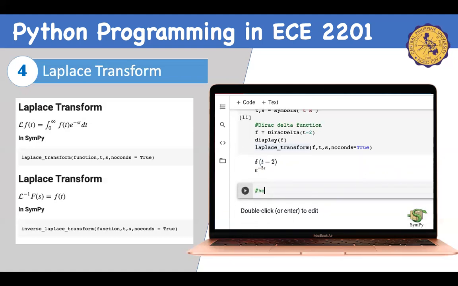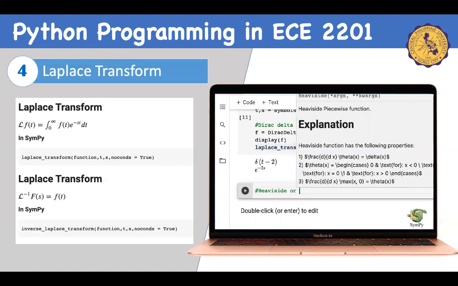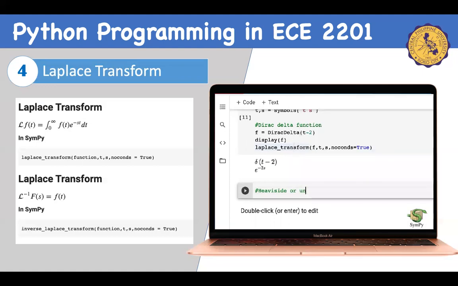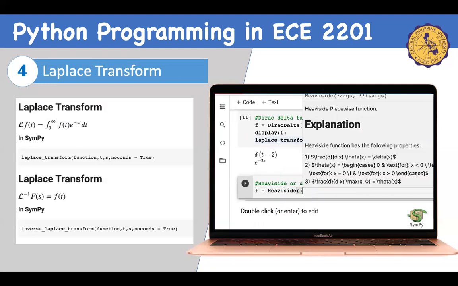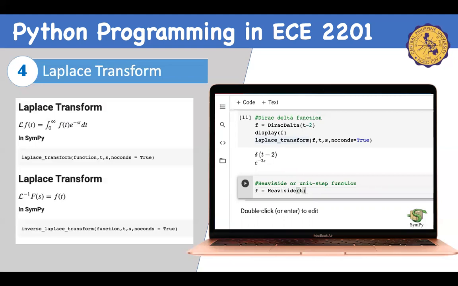Now we go to the very famous Heaviside function, commonly known as the unit step function. What is the symbol for this unit step function? Let's declare f equals Heaviside as a function of time, and then display f.